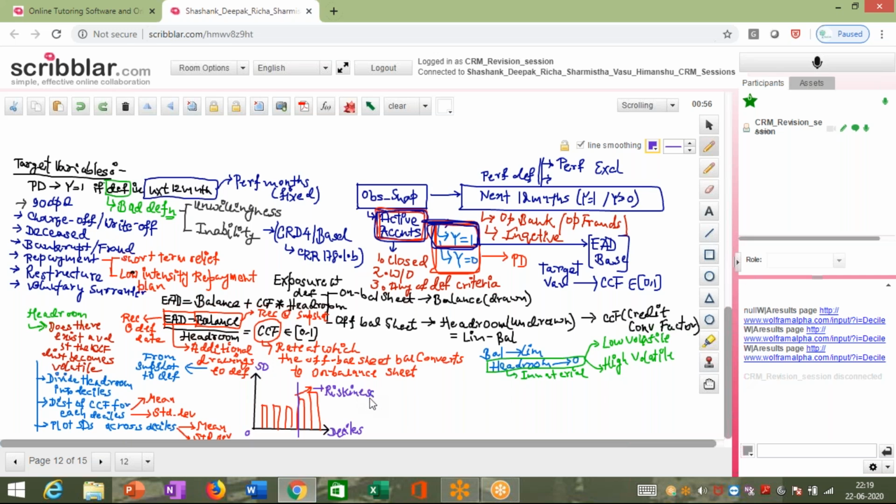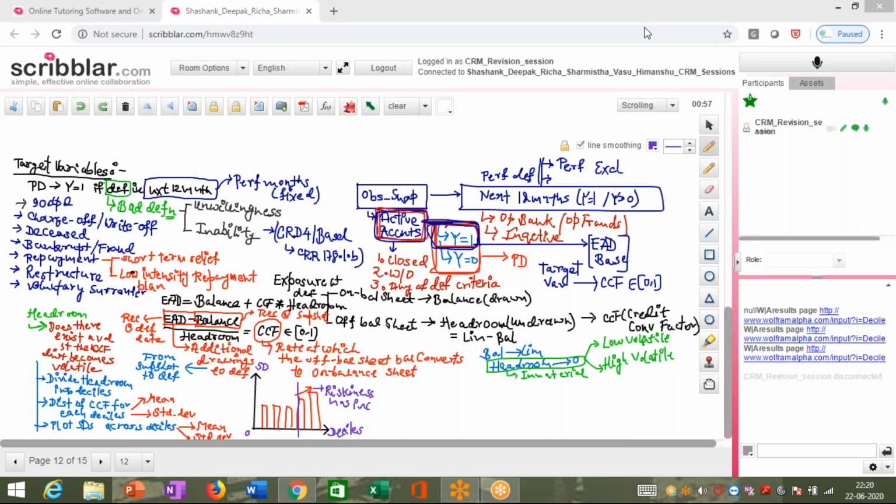So the riskiness has increased, and from there you know that the volatility problem has arisen.